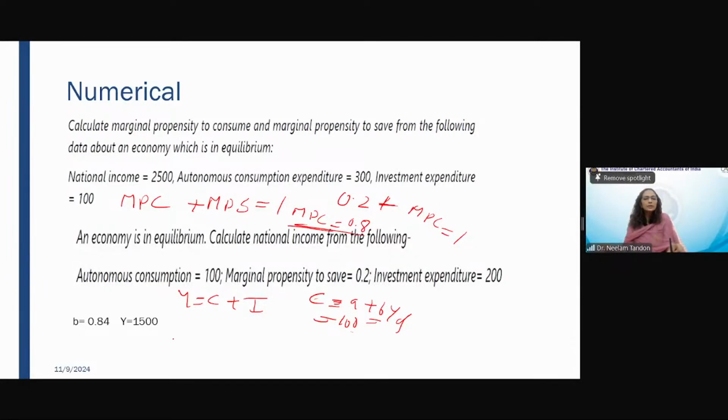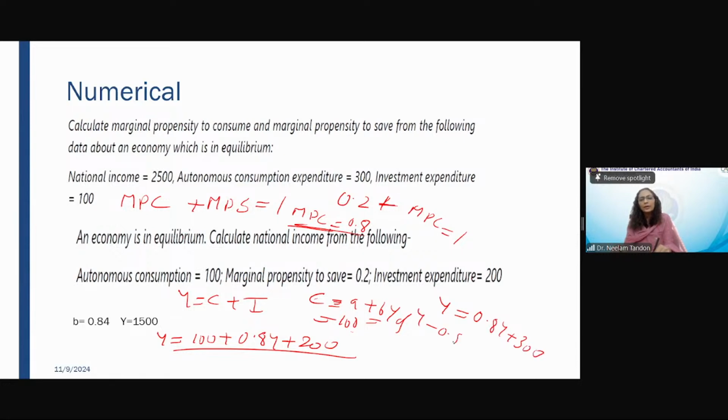So you substitute here: Y is equal to 100 plus 0.8Y plus I. I is 200. So that means Y is equal to 0.8Y plus 300.